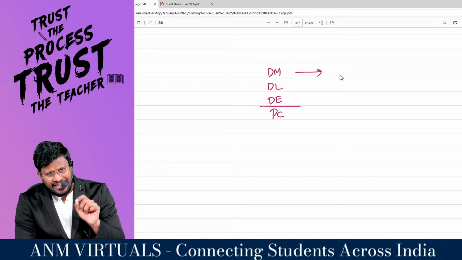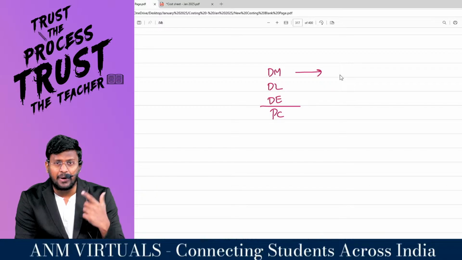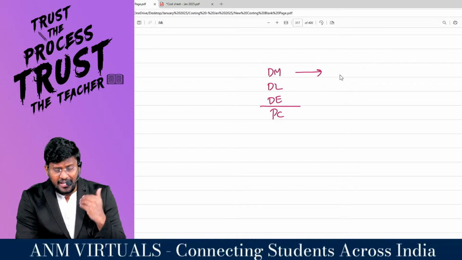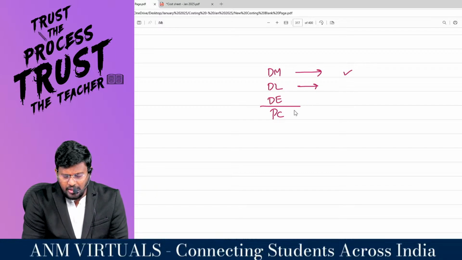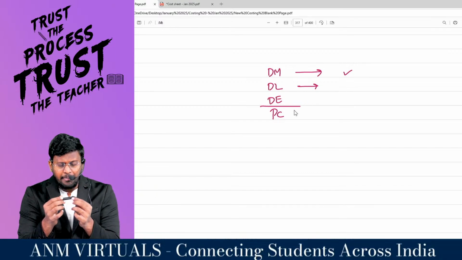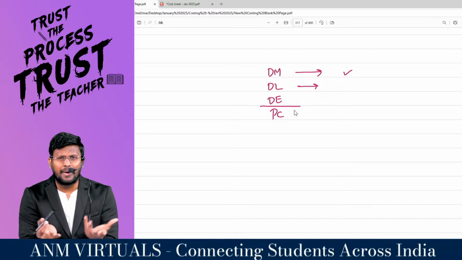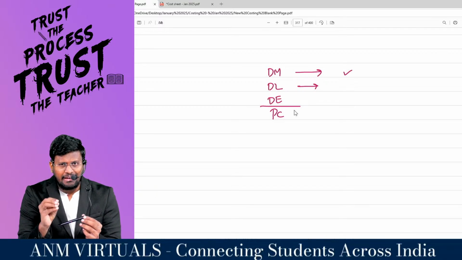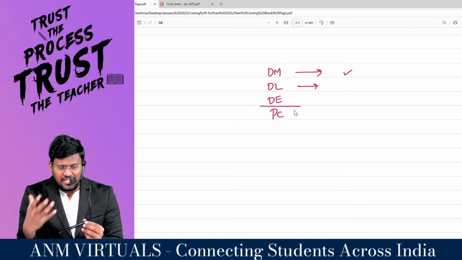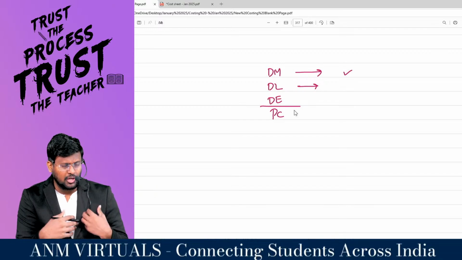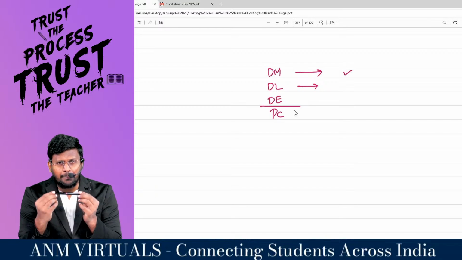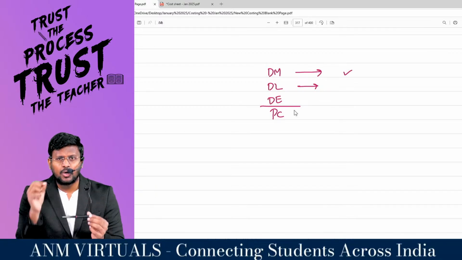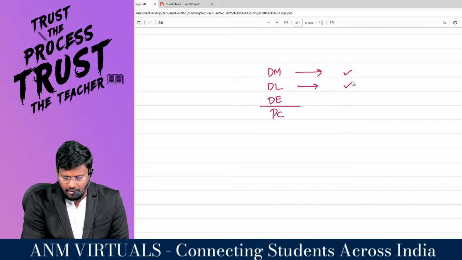Can that material be expressed per unit? Yes, sir. Then it becomes a direct material. My dear lovable students, by material alone we can't manufacture the product. We need some labor. For example, if you are manufacturing a shirt, we need cloth and also the tailor. If you are manufacturing the pen, we need laborers to work on it. So that's direct labor.